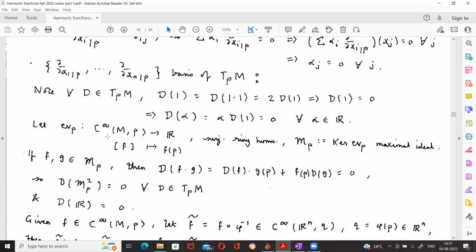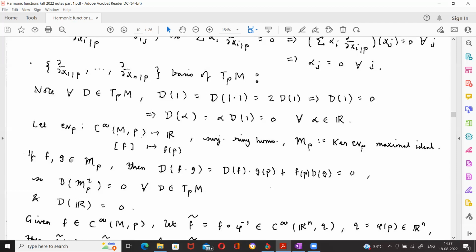It's surjective because the constants go to all of the constants in R. And it's clearly a homomorphism. So if I look at the kernel of this, MP, this is the kernel of this evaluation at P, this will be a maximal ideal of this ring C infinity MP, right?